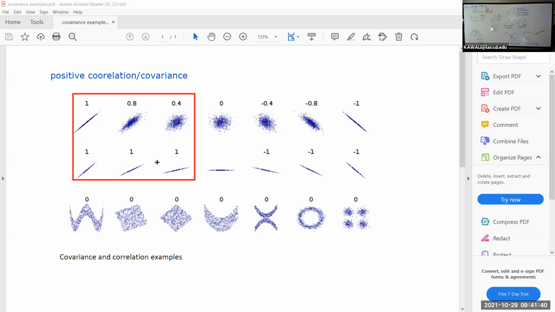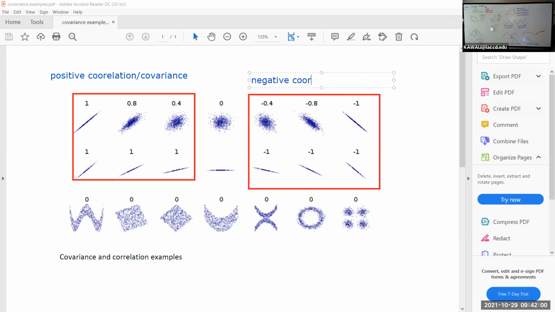As long as it's pointing up just a little bit, that's a positive correlation. Now over here, even if it's fuzzy and pointing down just a little bit, that's a negative correlation. Right, so it can be fuzzy.